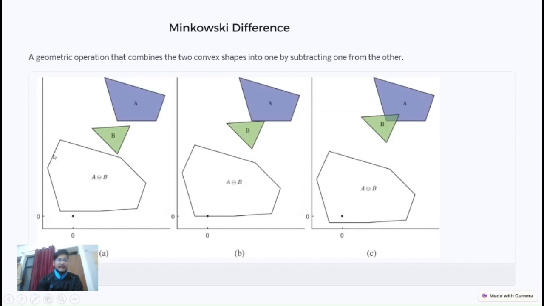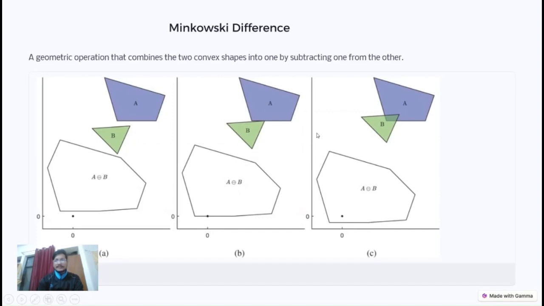Here we are looking at a shape which is known as the simplex, which we will get to know in later slides. The GJK algorithm says that if the origin lies inside this simplex, then these two objects are colliding.